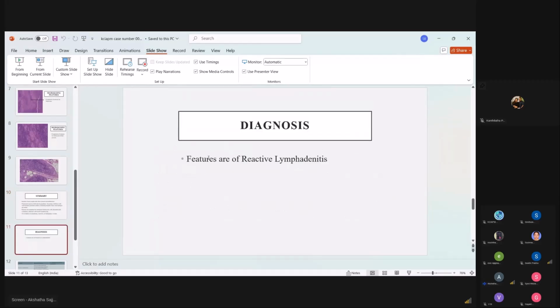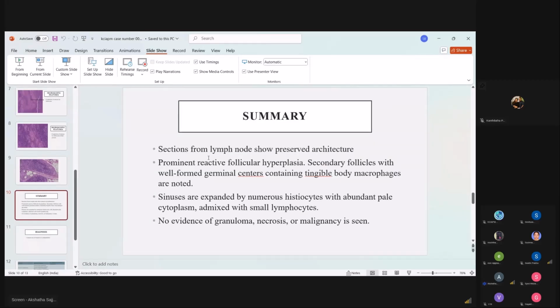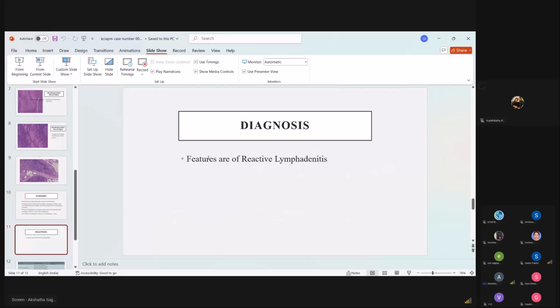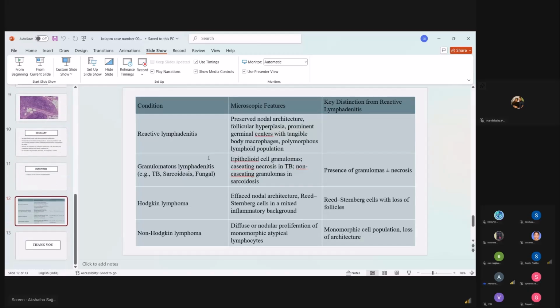Sinuses are expanded by numerous histiocytes with abundant pale cytoplasm admixed with small lymphocytes. No evidence of granuloma, necrosis, or malignancy seen in the sections studied. So, with all these features, I'm giving the diagnosis of reactive lymphadenitis.